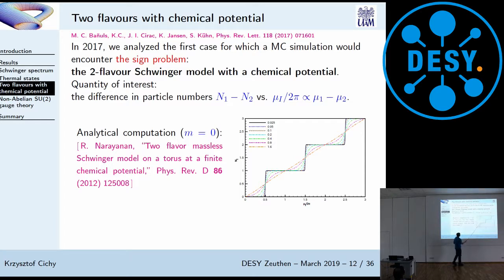It's rounded here, but at zero temperature, it becomes a step function, and you have first-order phase transitions at 0.5, 1.5, 2.5 in this variable, which is the so-called isospin chemical potential, the difference between the chemical potentials of flavor 1 and flavor 2.